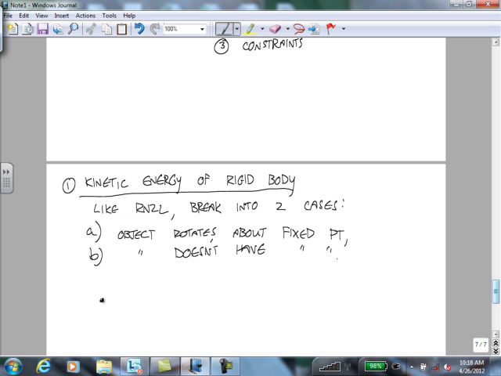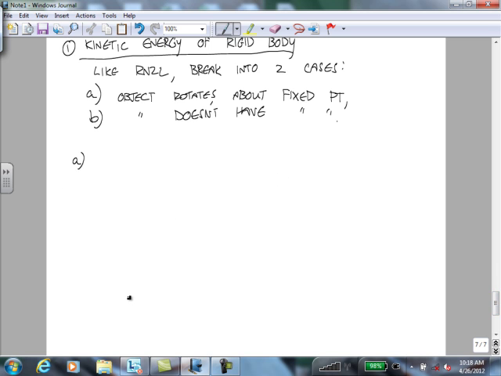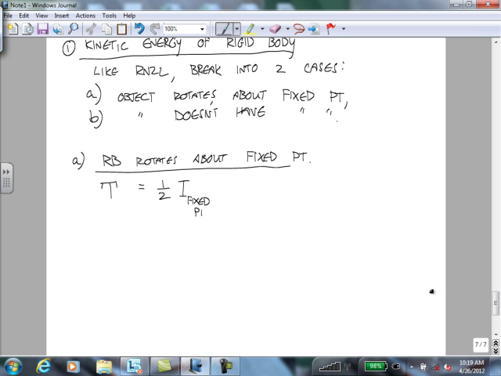So for case A, the rigid body rotates about a fixed point, like a pin joint connected to the ground, right? Then the total kinetic energy of the body is 1/2 times the moment of inertia about the fixed point times omega squared.